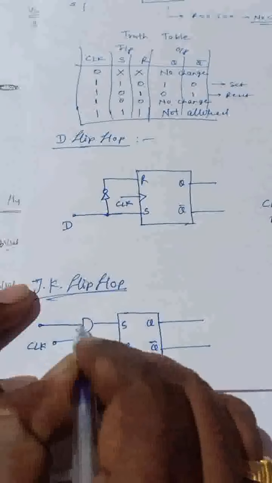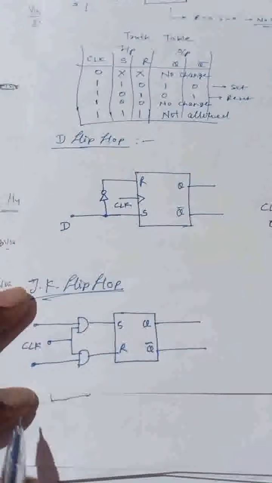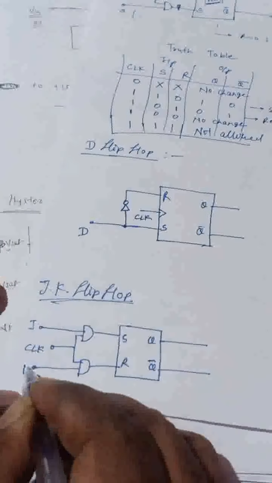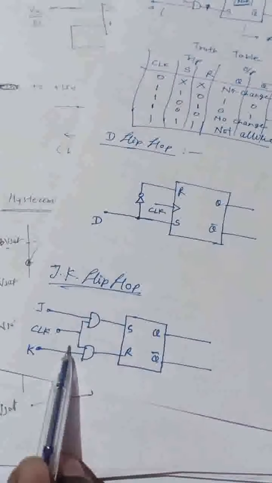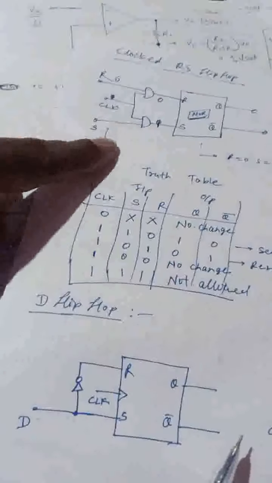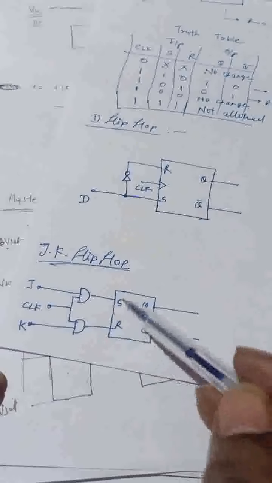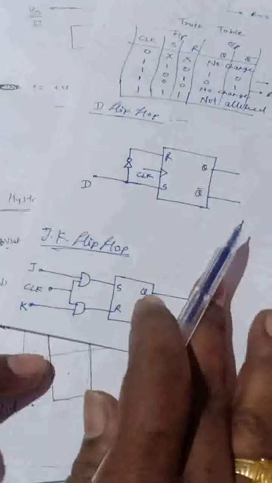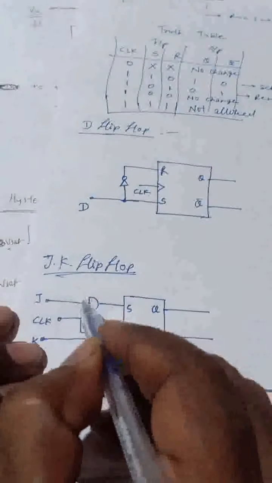This is like the S and R input, but we name them J and K. Up to this point, this circuit is the same as the SR circuit, but now we make a slightly different connection.